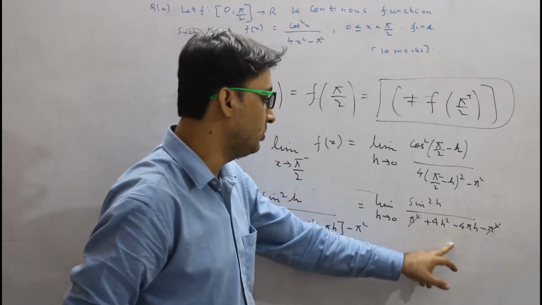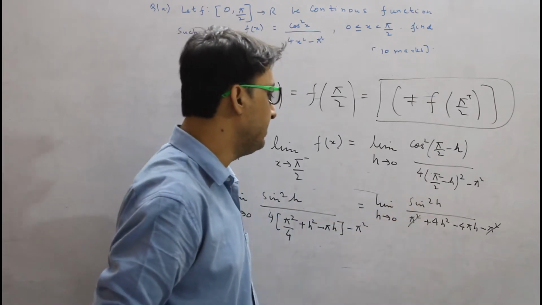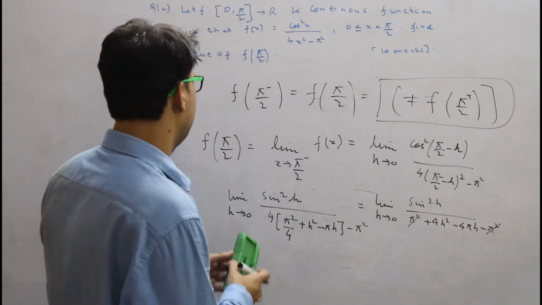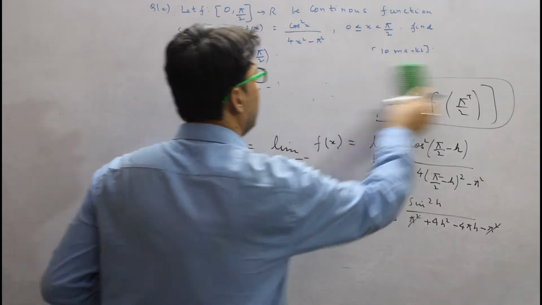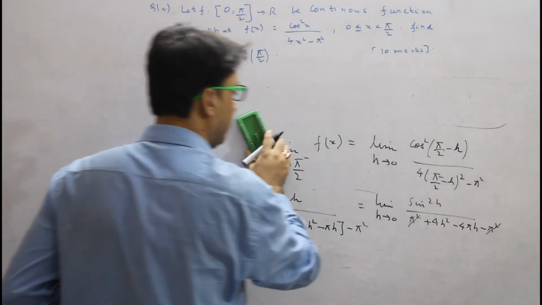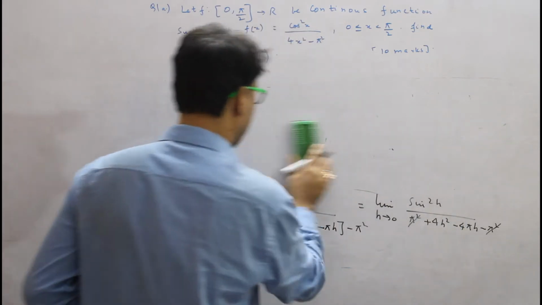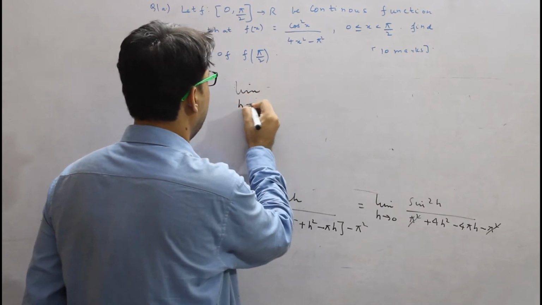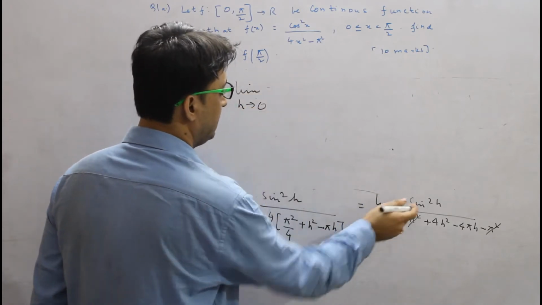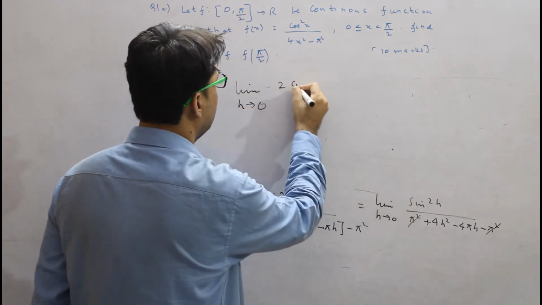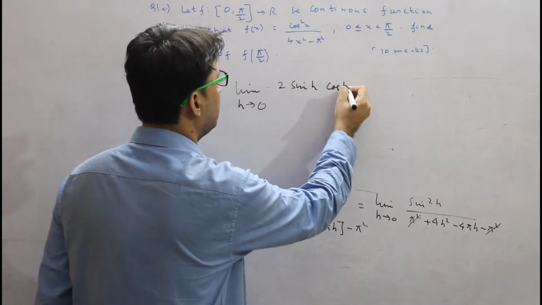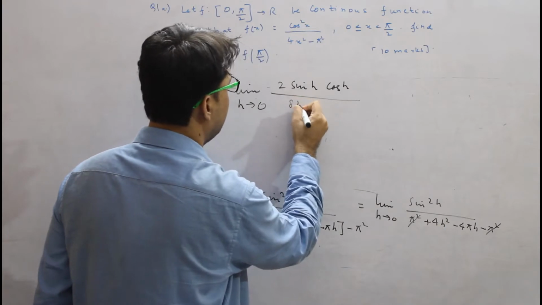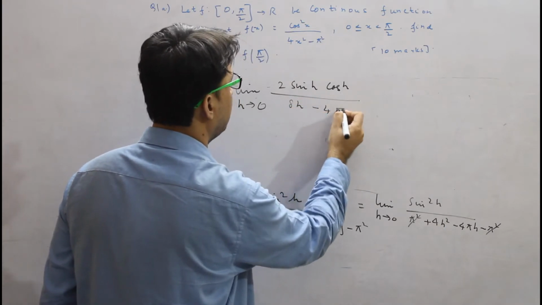We can readily see this is in 0 by 0 form, so we will simply apply L'Hospital's rule. Taking the derivative, this is 2 sin h cos h upon 8h minus 4 pi.